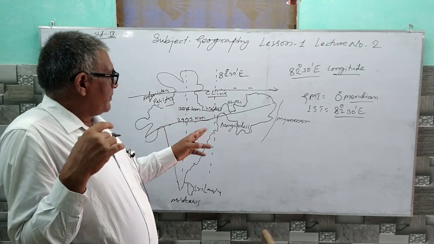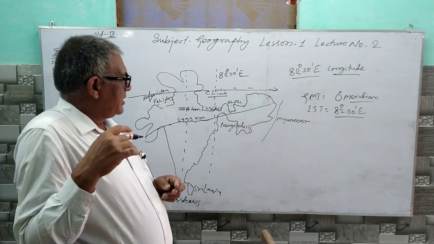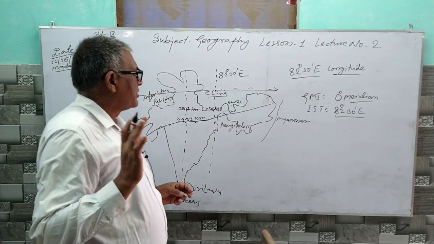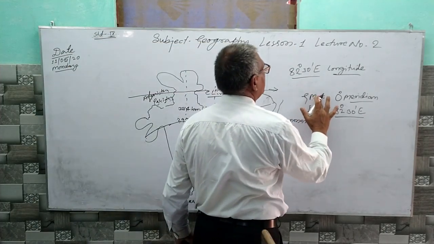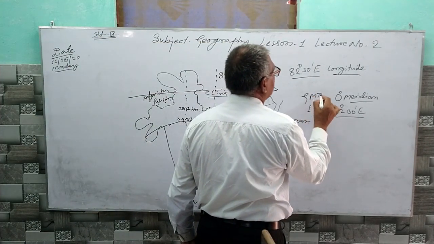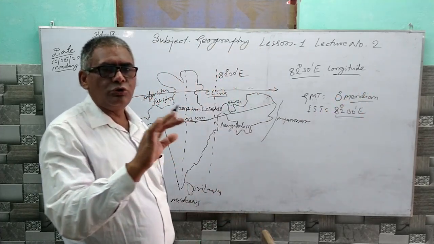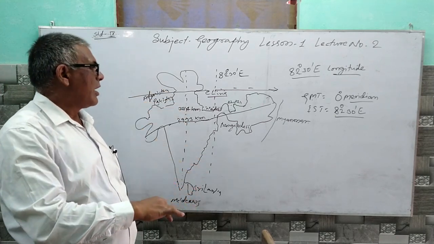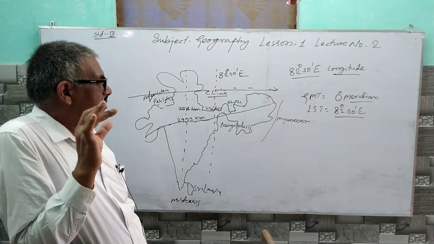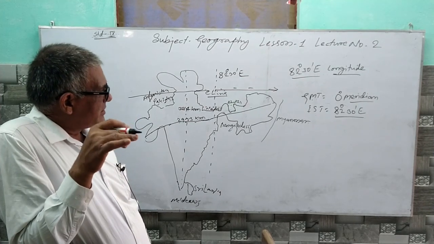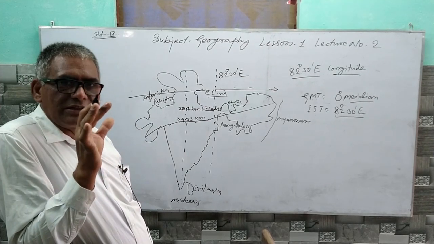So India's standard time is 5 hours 30 minutes ahead of GMT. GMT is Greenwich Mean Time, and IST is Indian Standard Time. So you have already learnt all this: what is IST, what is GMT, and what are the time differences between GMT and IST.